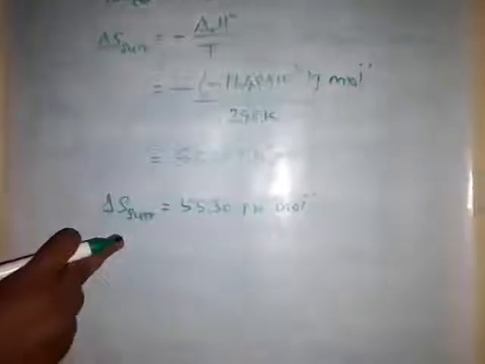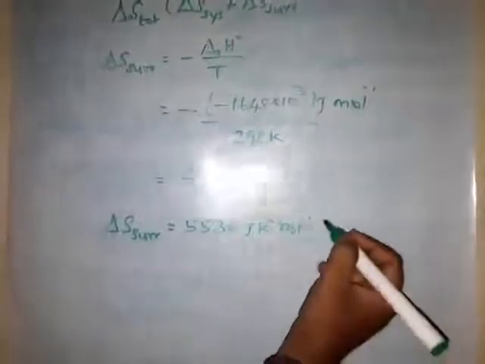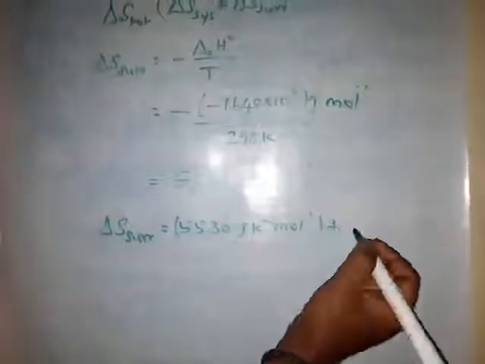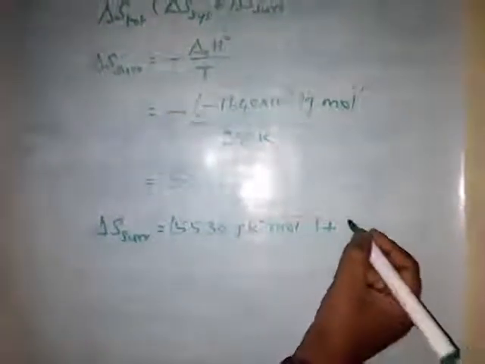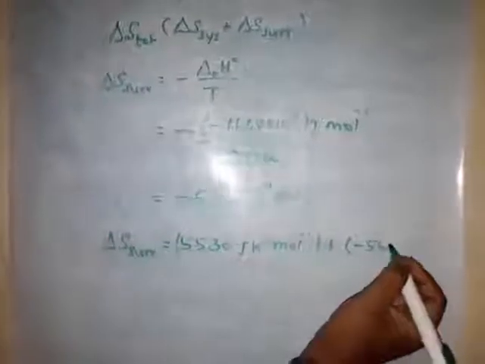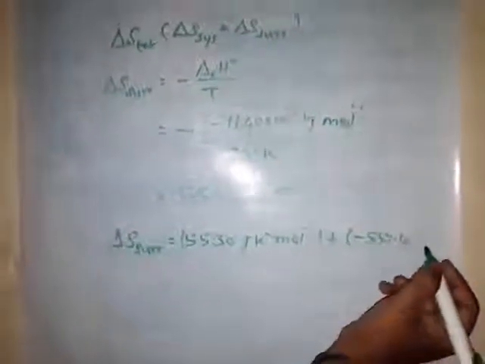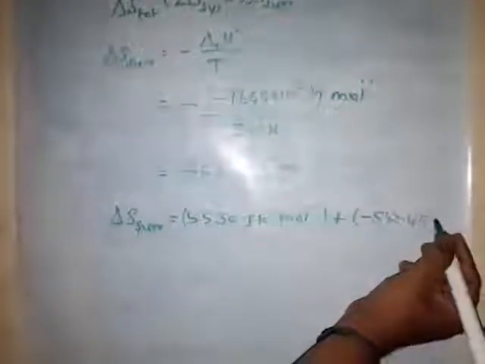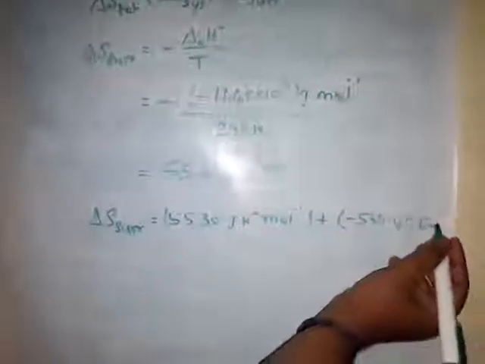Then the system's entropy change for the reaction, which is already given here, is minus 549.4 joule Kelvin inverse mole inverse.